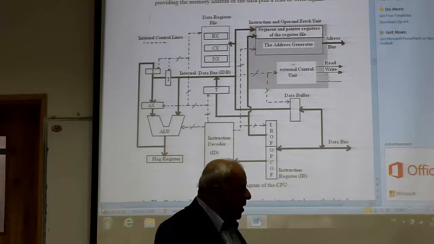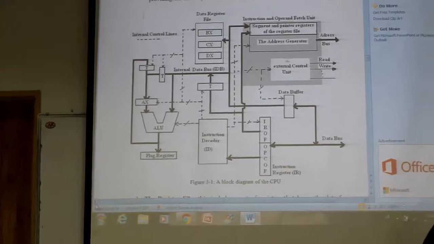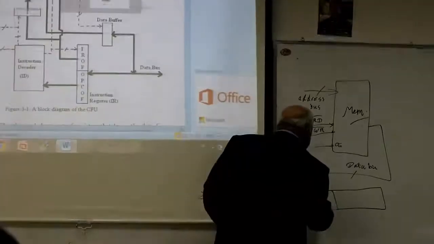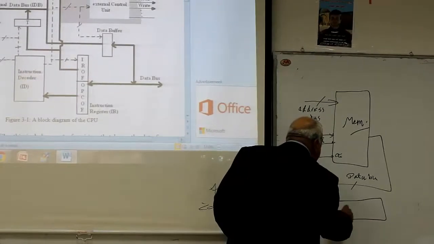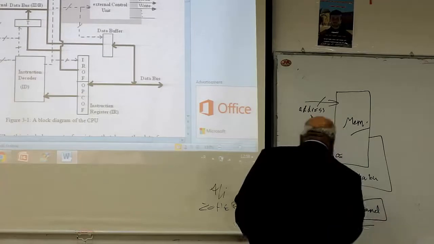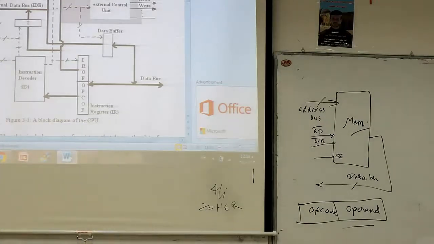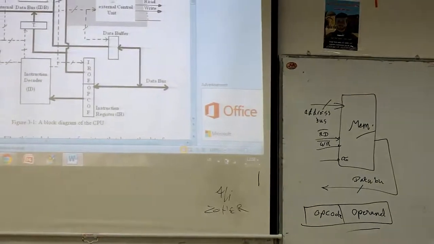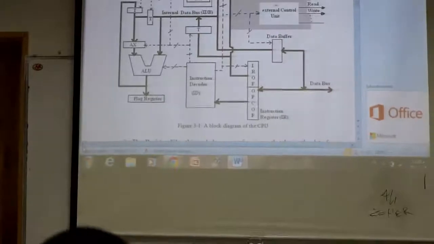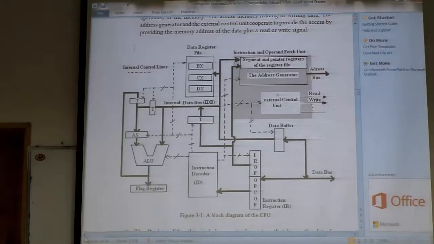So the instruction usually has two fields. The opcode contains the code for the operation. And the operand includes the data or the address of the data that is to be operated on.